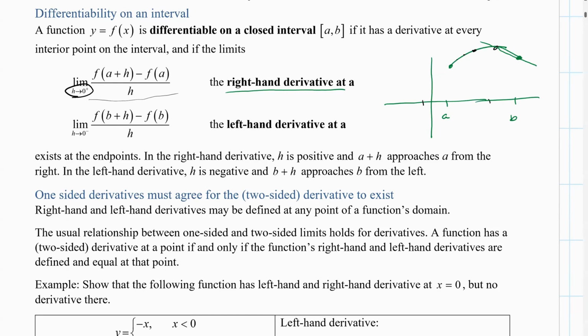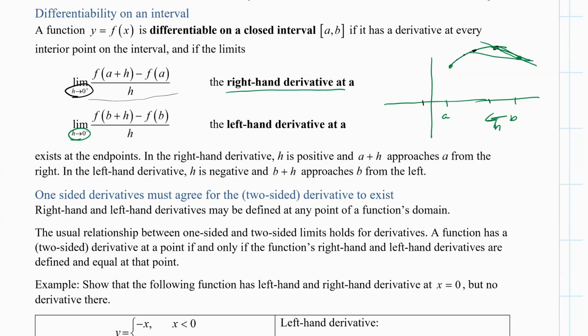Well, the distance h is going lower than B. So that means for these points here, I'm drawing these secant lines, so h is negative. If I want the left-hand derivative, I'm just saying, let's limit ourselves to the values of h that get closer and closer to 0, but are negative.